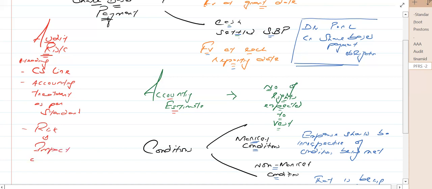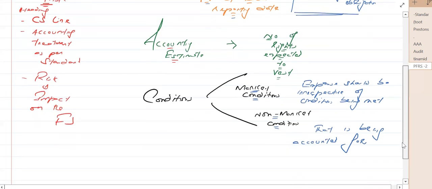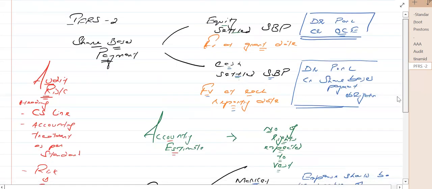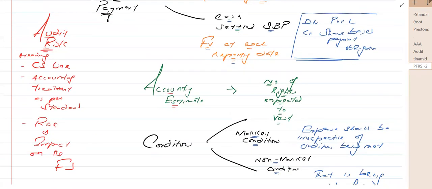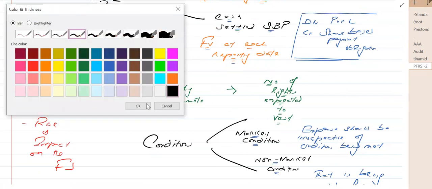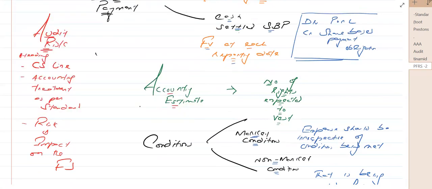That means understatement or overstatement. So this is how you are going to write. So now that means you need to know the standard first if you want to earn some good marks from this particular heading. So it starts with the heading and then case study line, accounting treatment, risk and impact.